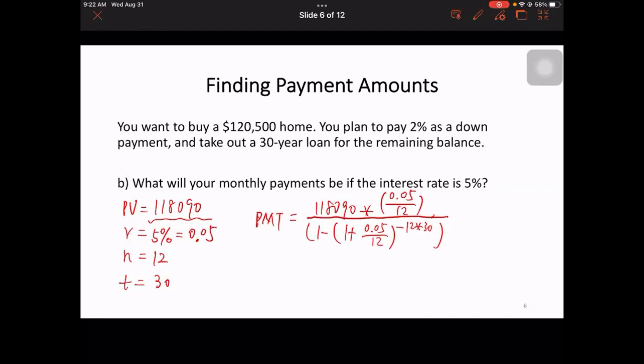Is that right? Is it the same as yours? Now I'm putting this into my calculator, okay? And then you do that on your calculator. Let's see, can we reach exactly the same result?